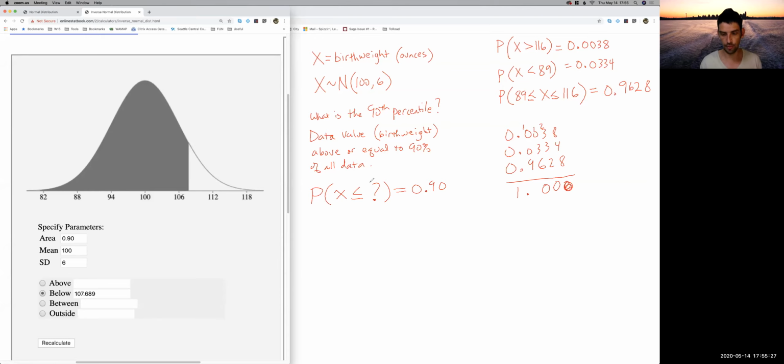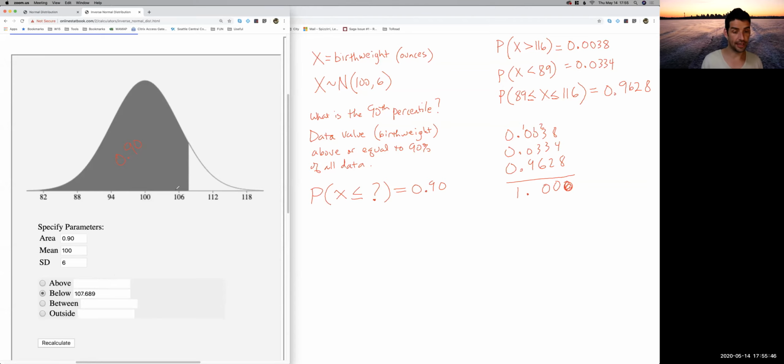Right? We were looking for some weight below which a baby born being at or below that weight was 90%, right? This is our picture. There's 90%, or 0.9 is the area of this whole shape below.